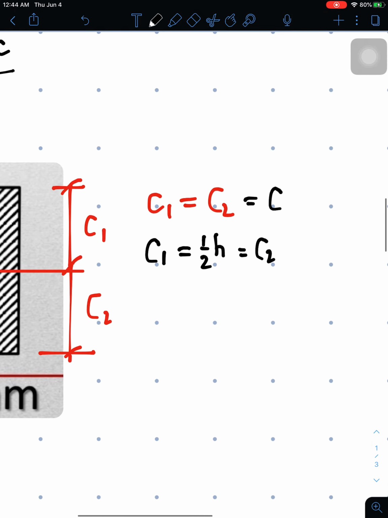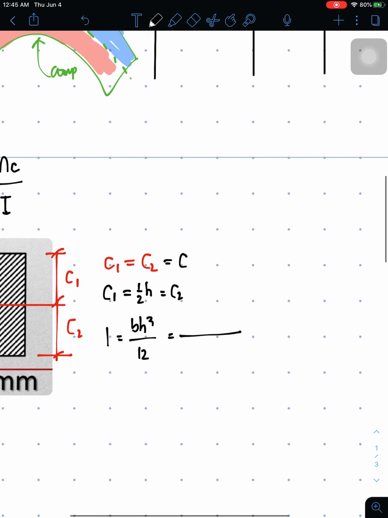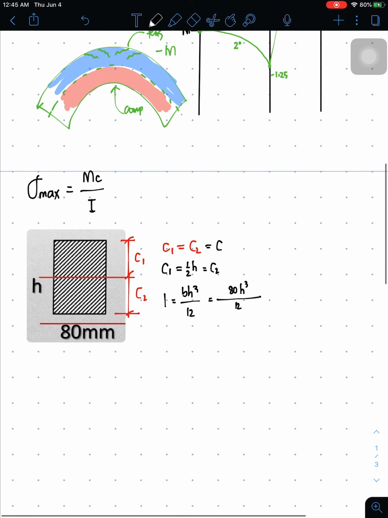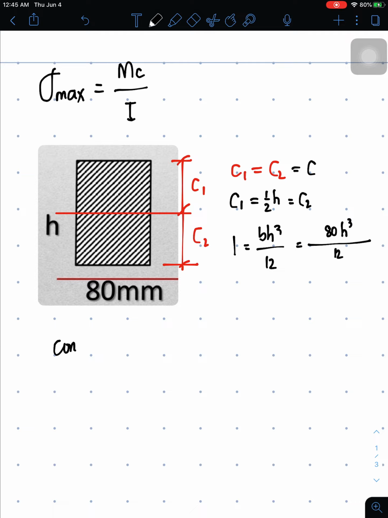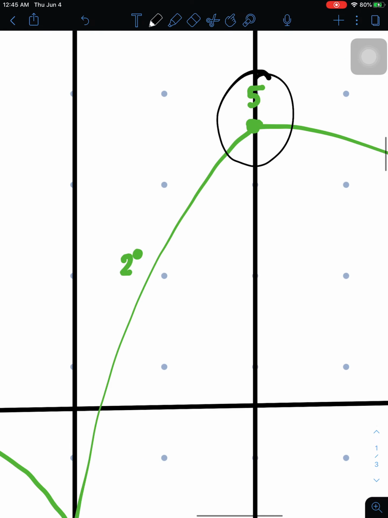Then let's solve for I. I for a rectangle is BH cubed over 12. Our base there is 80, so I'll write 80 H cubed over 12. That is our I. And then let us now consider the positive moment first. If we consider the positive moment first, it's positive 5.